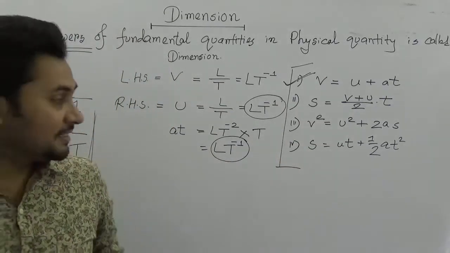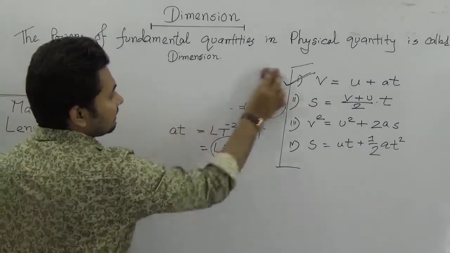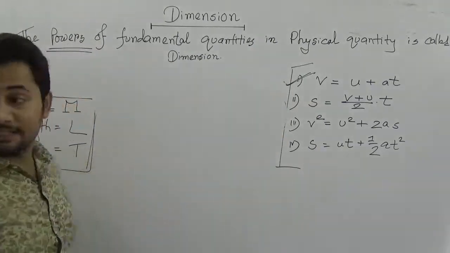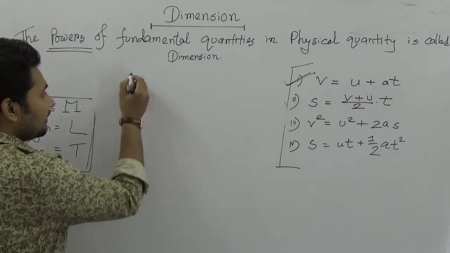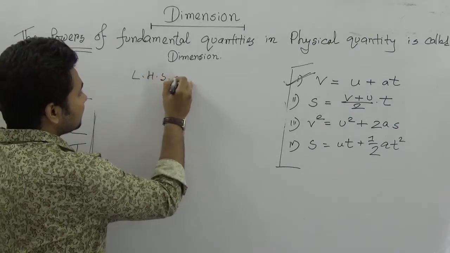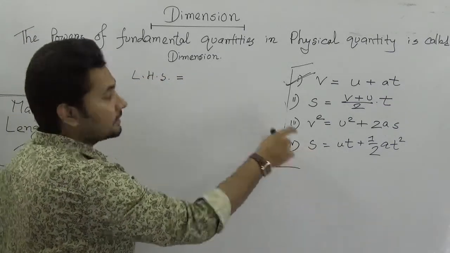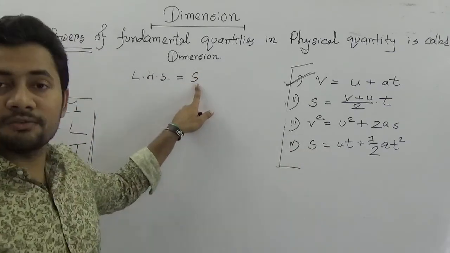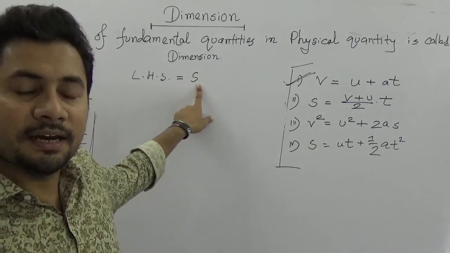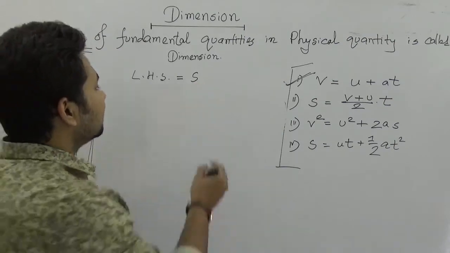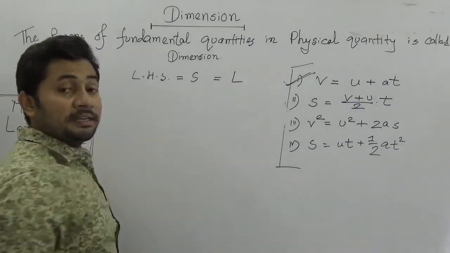So if we take S equal to UT plus half AT square, the left hand side is simply S. We know this S is the displacement, and this is definitely length, so this will be the dimension.